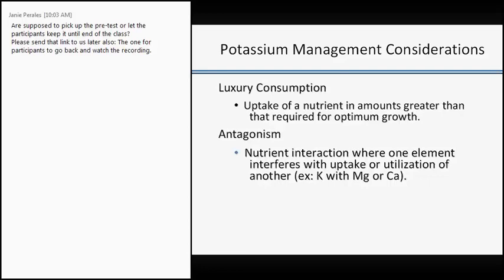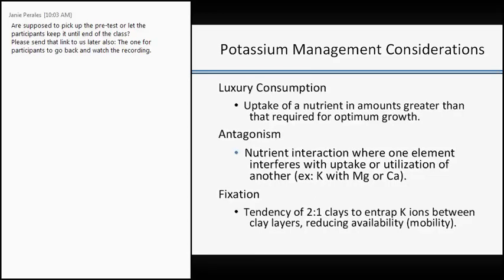So now not only can you get luxury consumption, you can get the potential for leaching in the sandy soils, and the potential for salting out your seeds. You can also get this antagonism with magnesium or calcium. So potassium is one of those that you really need to watch and apply at the proper rates so that you don't have some of these issues that can sneak up on you.